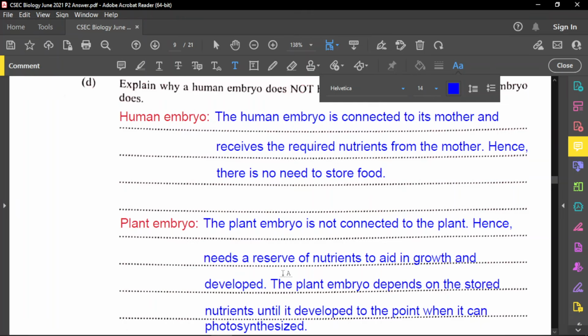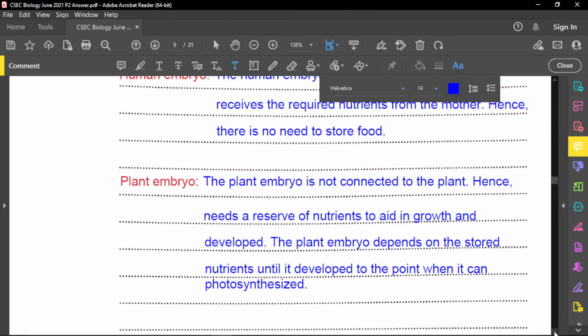In other words, it has to be self-sustained until it can make its own food. The plant embryo depends on the stored nutrients until it develops to the point where it can photosynthesize.